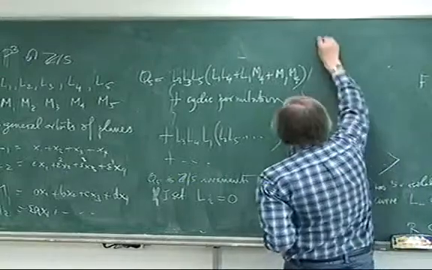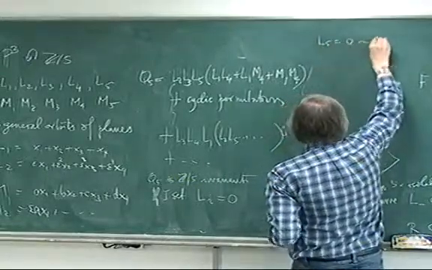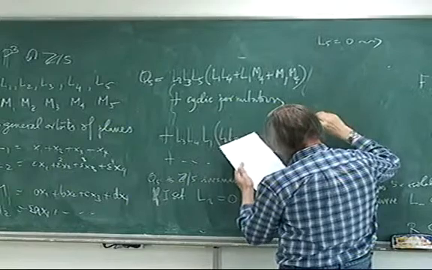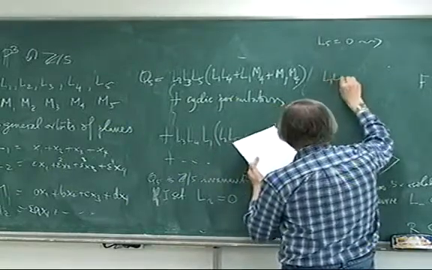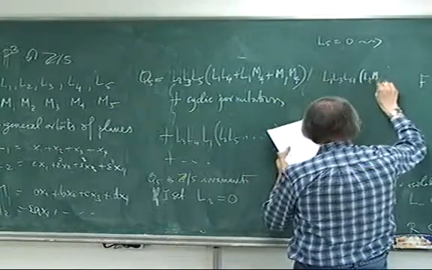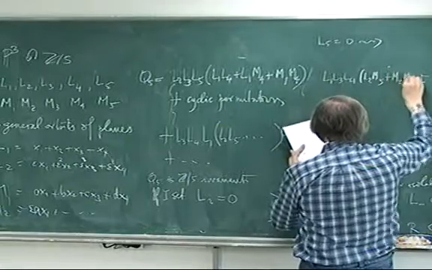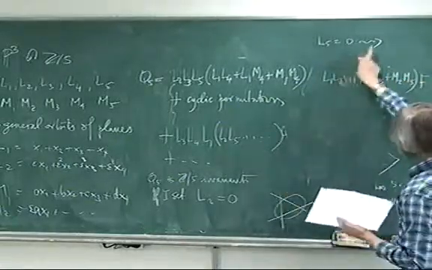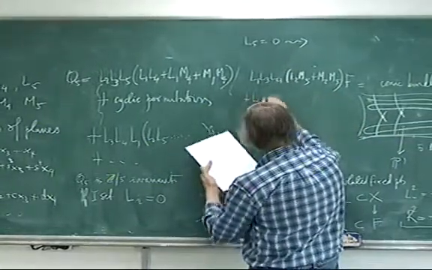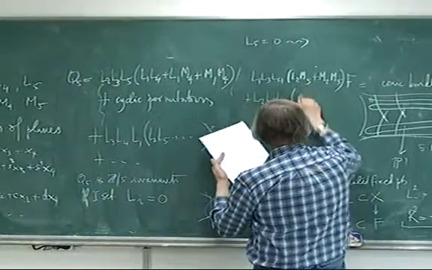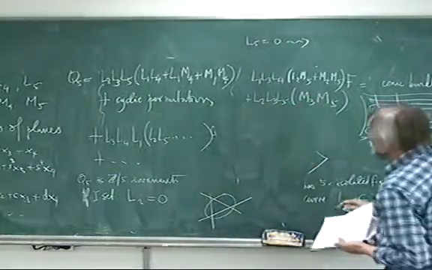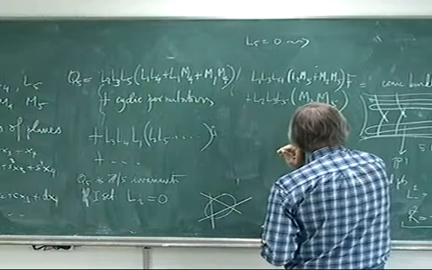So I set L5 equals 0, and this gives, if I got it right, L1, L3, L4 times (L2, M5 plus M2, M5). Right, so all the terms divisible by L5 just disappear, so there's no L5 here. And then plus L2, L3, L4 times M3, M5. Yeah? And so this is divisible by something or other.